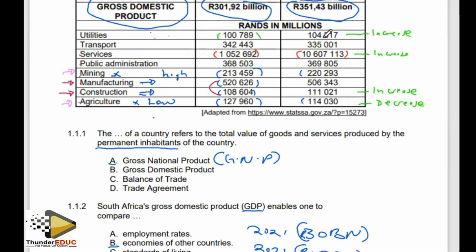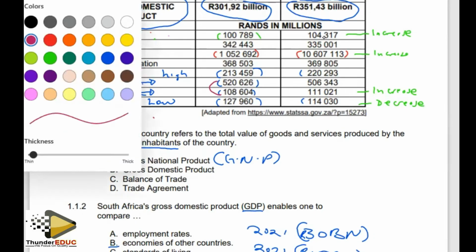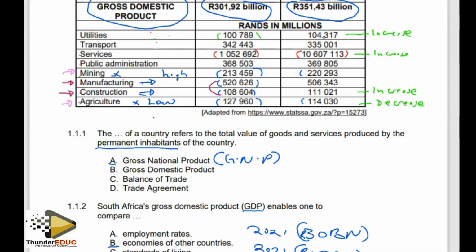So under tertiary, if we use a different color, green, we have utilities, transport, services, public admin. So already you can see that services alone is already in the millions. So this makes the statement true, that the tertiary sector did contribute the most to the GDP.